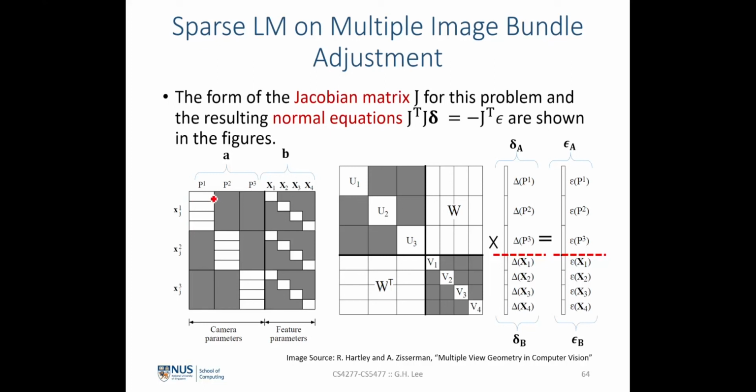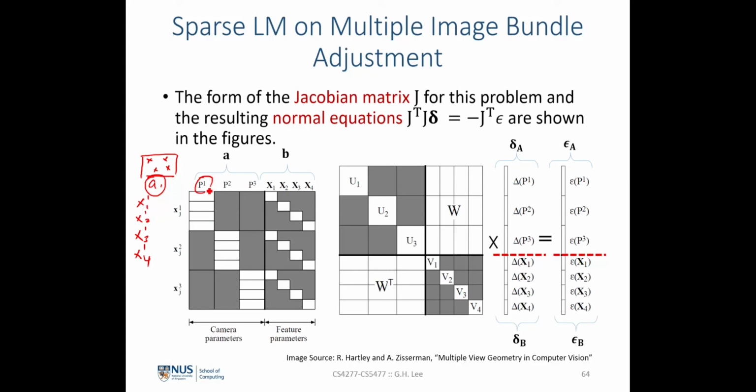For example, in this case here, x1j, this 3D point is seen in the first camera. So let's say this is my a1, which is denoted by the parameters p1 over here, and in this example I see 4 points inside here. These 4 points are x11, x12, x13, and x14. We can see that these 4 points are only affected by the variable a1 or p1 that is denoted in this particular diagram.